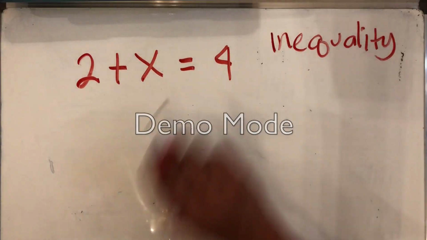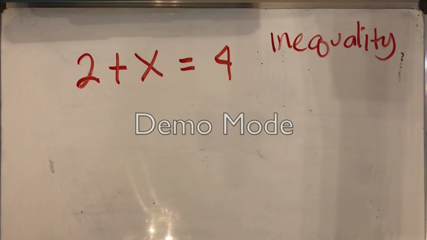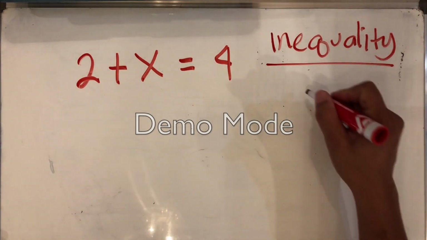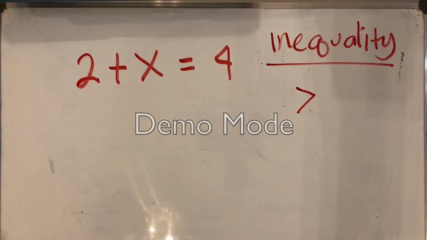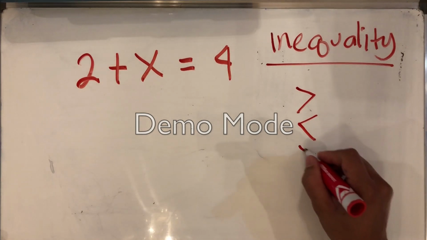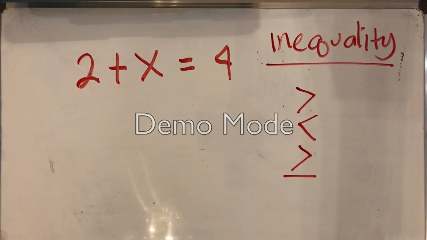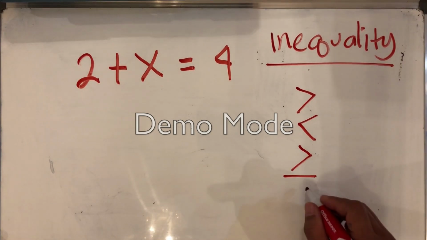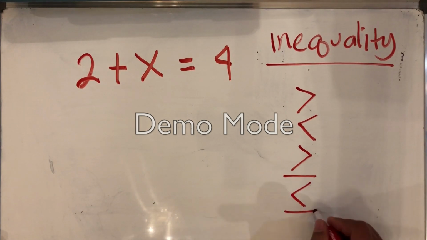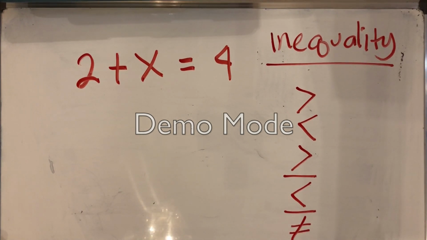Now, in an inequality, instead of an equal sign, we have what we call the inequality symbols. And what are those? We have the greater than, the less than symbol, the greater than or equal symbol, the less than or equal symbol, and last but not the least, the not equal symbol.